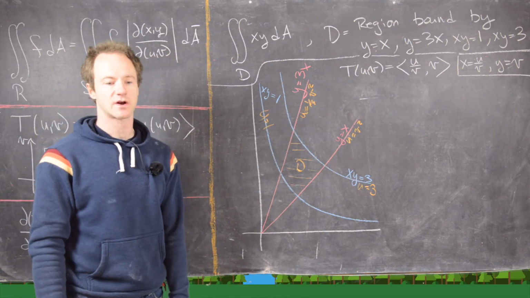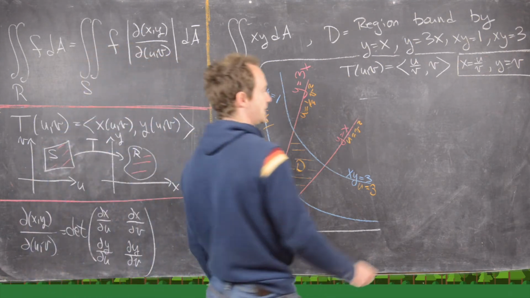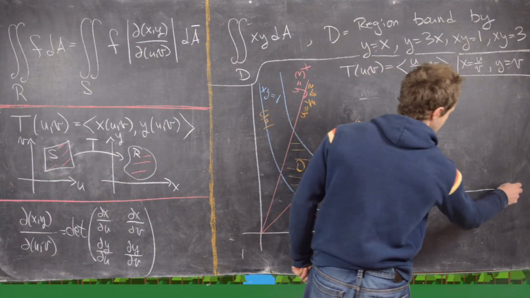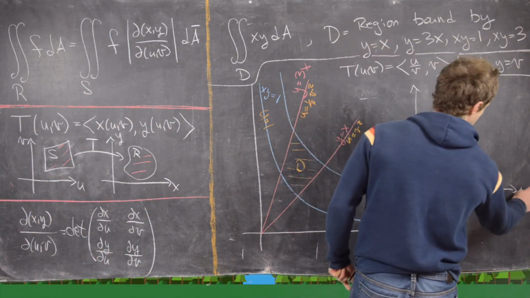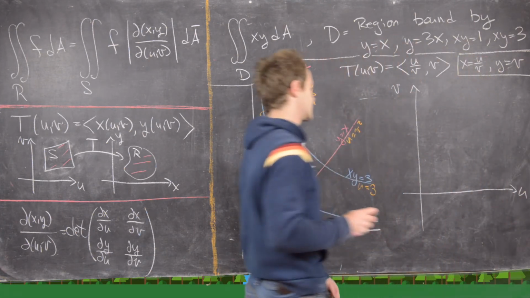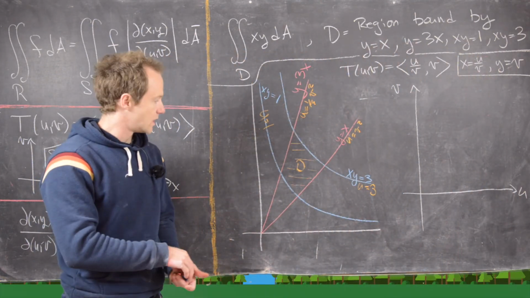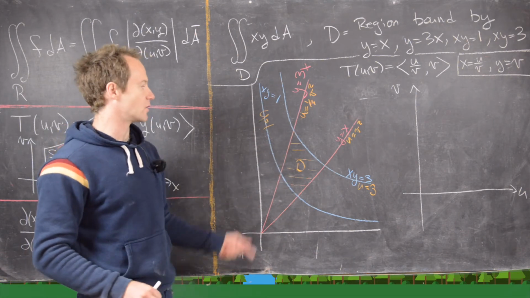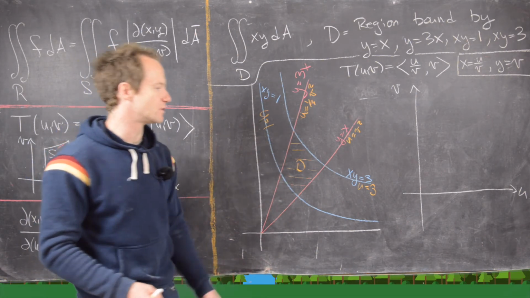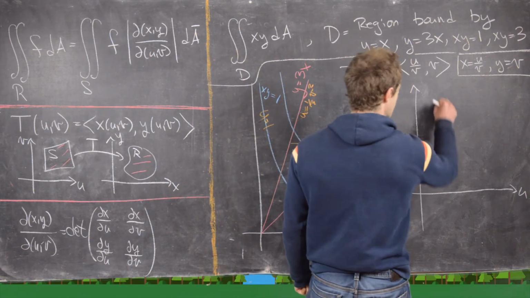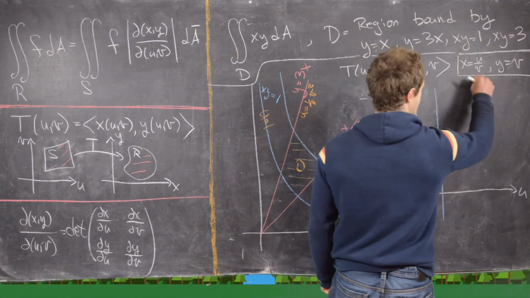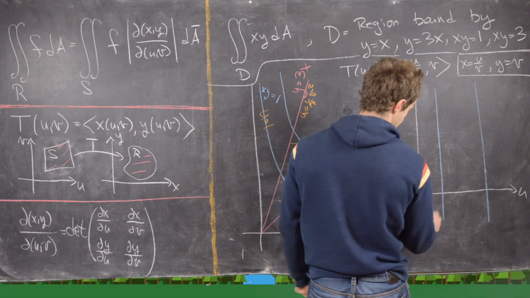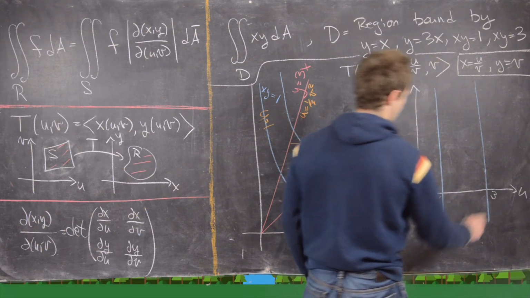So now that we've sorted all of this out, we're ready to draw our picture of what's happening in the uv plane. So let's see, here we have the u axis and the v axis. Notice that these two blue lines are going to turn into vertical lines, u equals 1 and u equals 3. So I can draw those like this. Great. So that is 1 and 3.